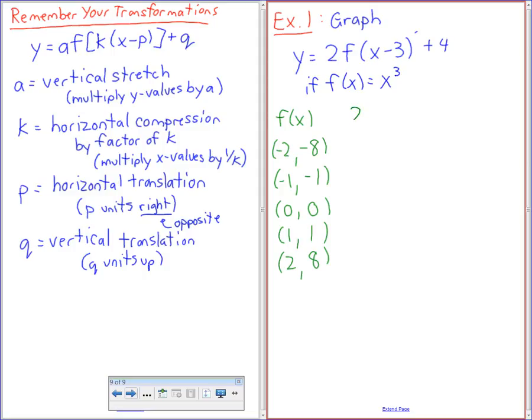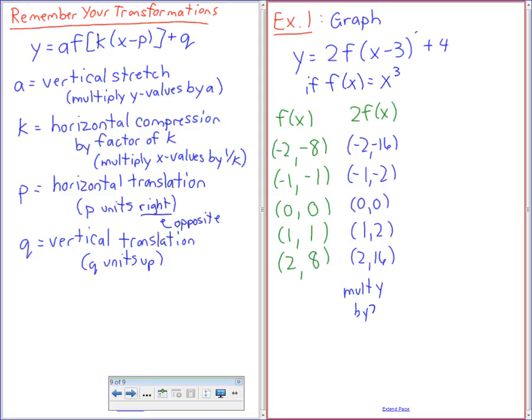2f of x is what? Yeah, keep going. So we're going to multiply y values by 2.